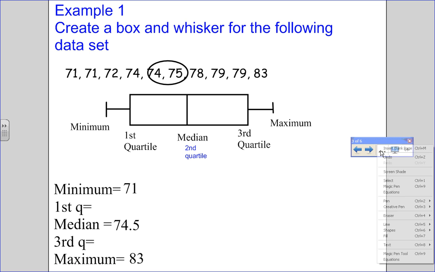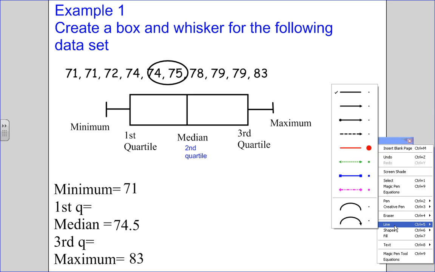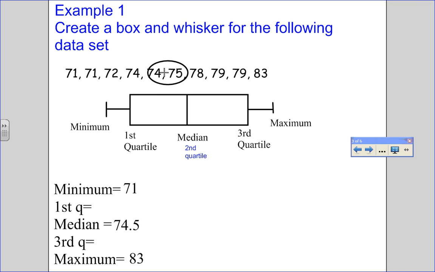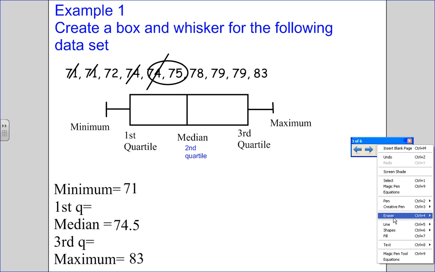So you're going to have to start crossing out like we did earlier. So cross out the minimum, cross out the middle number. So in this case, since we have two middle numbers, this is going to represent crossing out the middle number. So then we keep going until we get a middle number, and we get 72. So 72 is the first quartile.